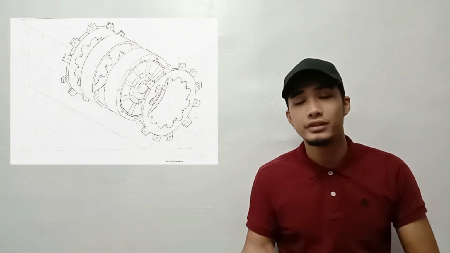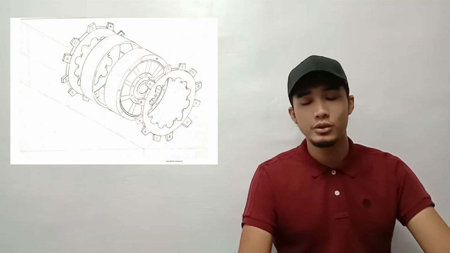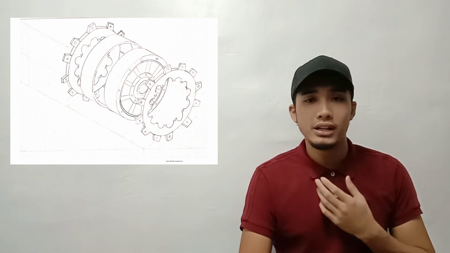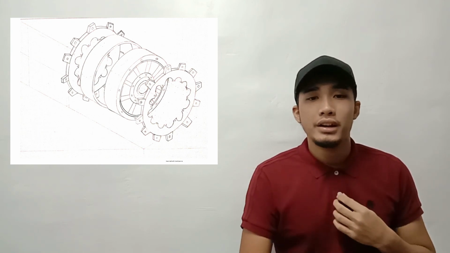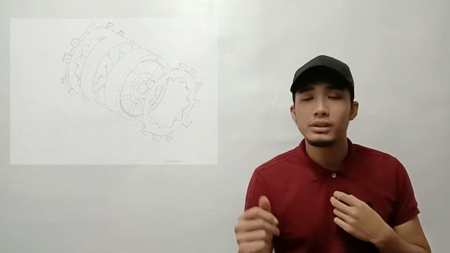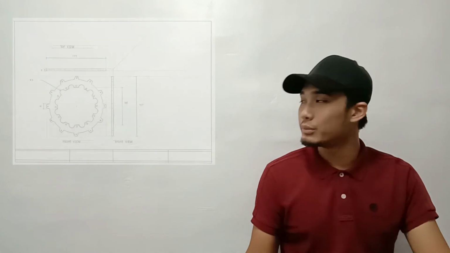Next, this is the exploded view of the expanded tube brake. There are a few parts in this section, which are the frame, the top flange, and the expanded tube itself. So the first picture is the frame.